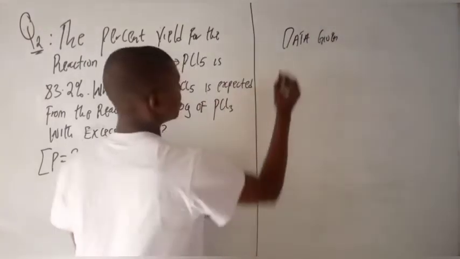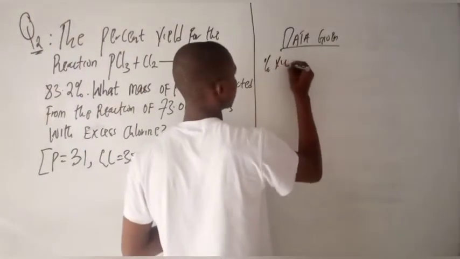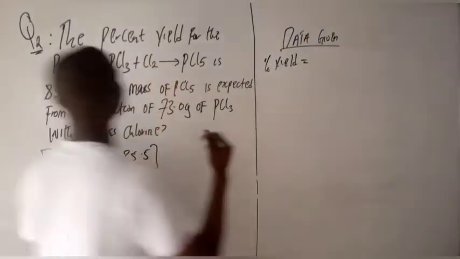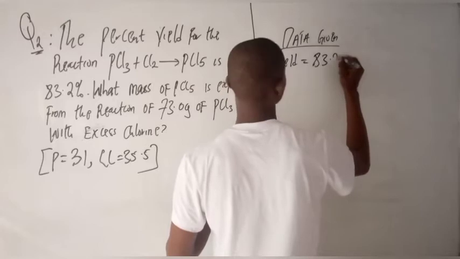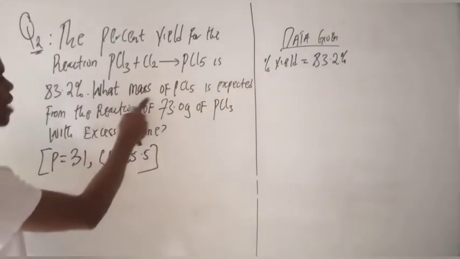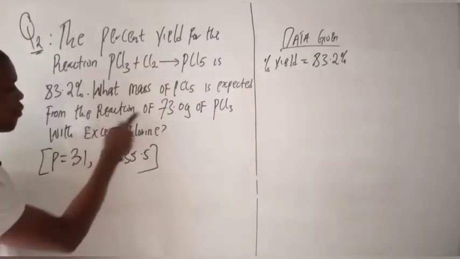The percentage yield of the product, PCl5, is given as 83.2%.